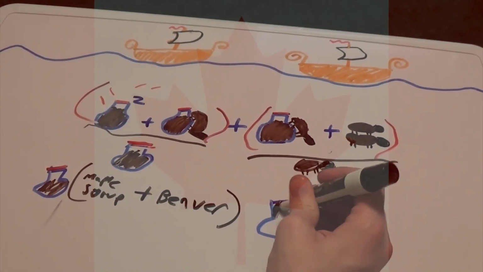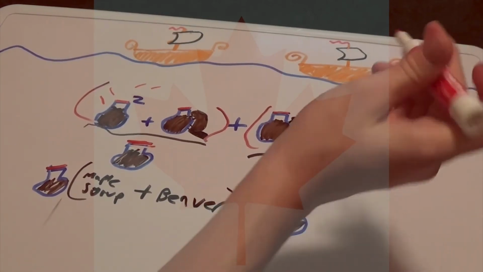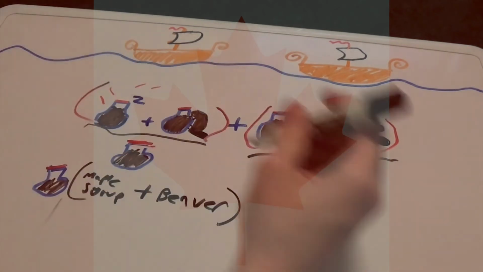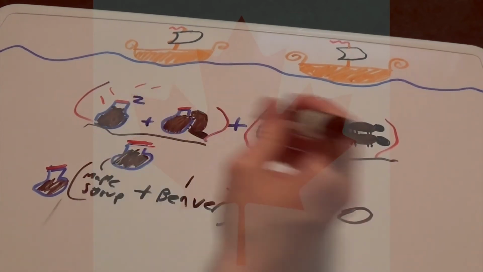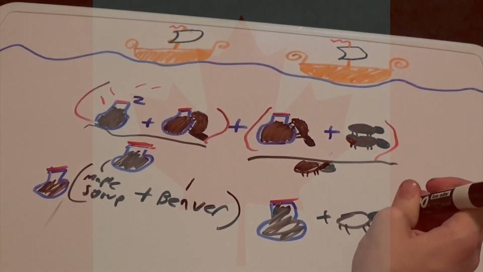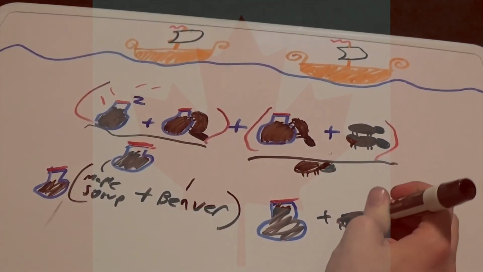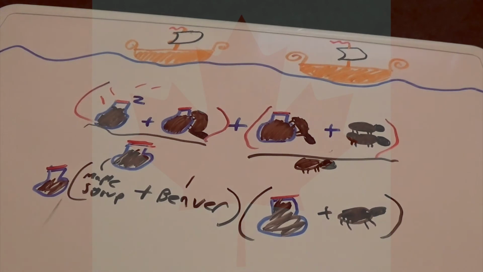But then we're going to take one beaver away from this little pile of beavers. So we'll end up with one beaver. So, as you can see, we kind of figured it out, even though it seems strange and confusing. We have one maple syrup and one beaver, and we're going to add this on the side as just a beaver.